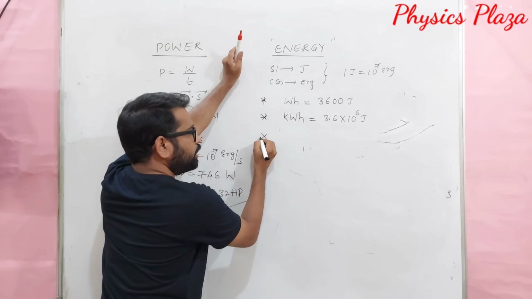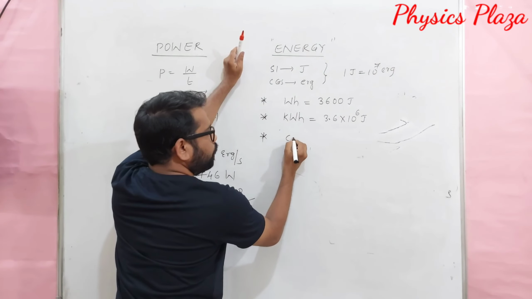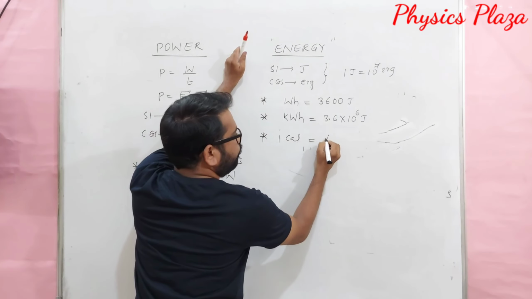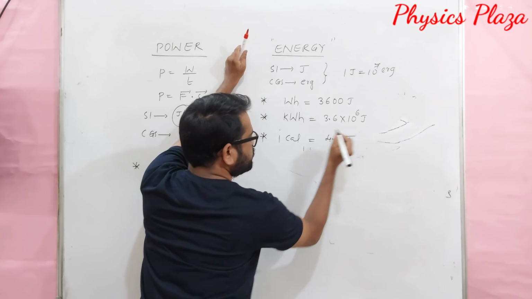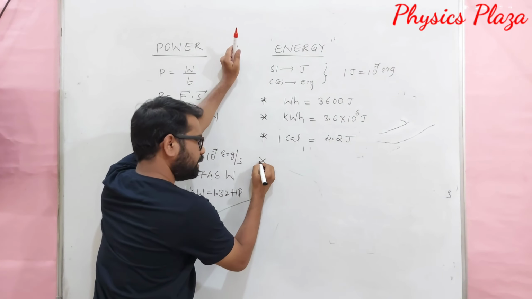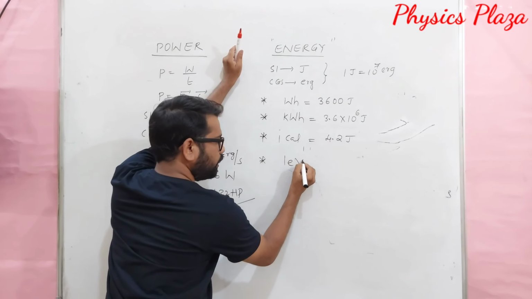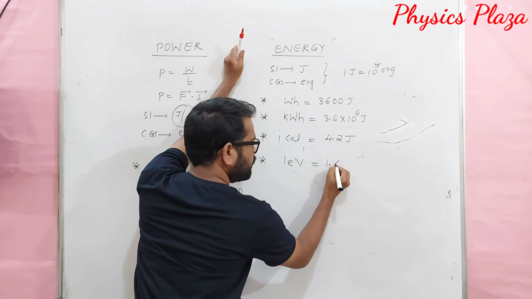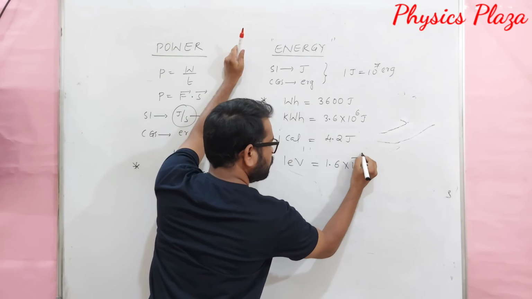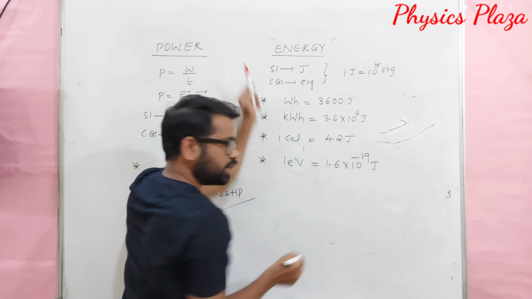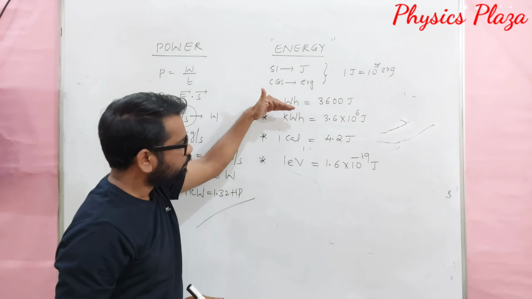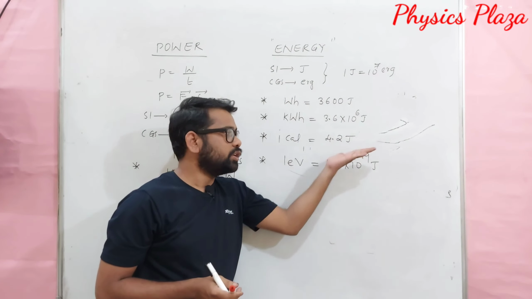Next we have the calorie: 1 calorie is equal to 4.2 joules. Finally, electron volt: 1 electron volt is equal to 1.6 into 10 power minus 19 joules. So children, these are the units of energy and how they are related to the joule.